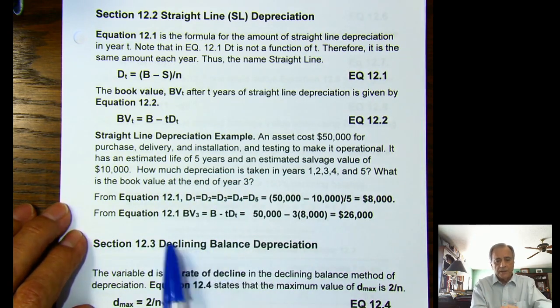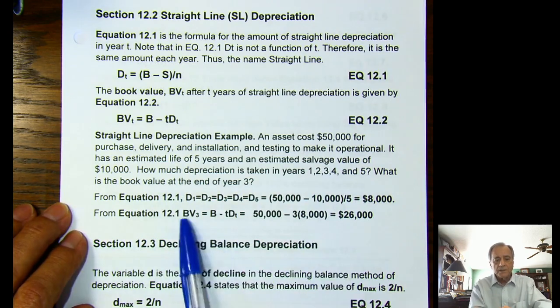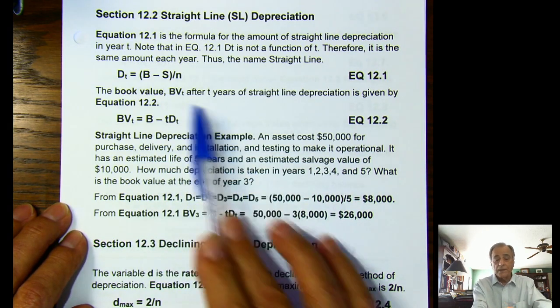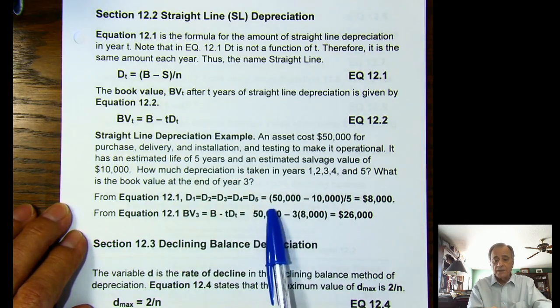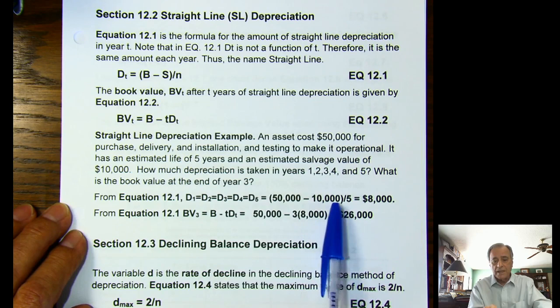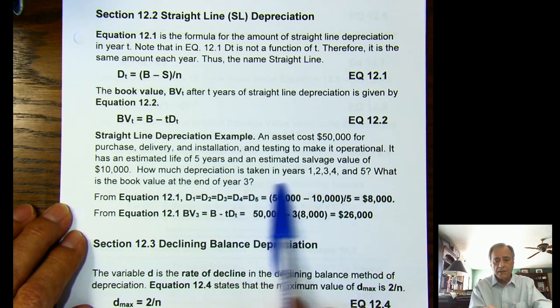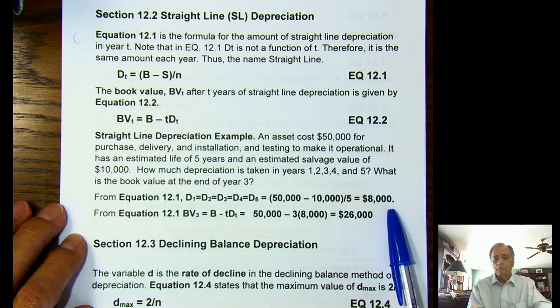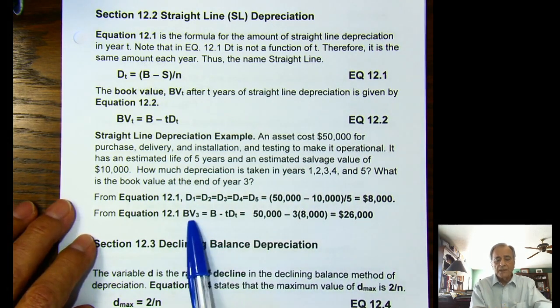Well, equation 12.1 says that the depreciation in years 1 through 5 is the same every year. It's straight line, that's what that means. And it's going to be the price, that's the $50,000, minus this estimated salvage value, divided by the number of years, which we estimated to be 5. And so that'll be $8,000 a year. What's the book value at the end of 3 years?